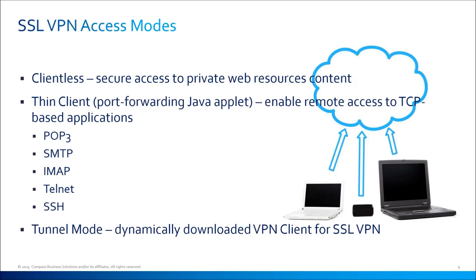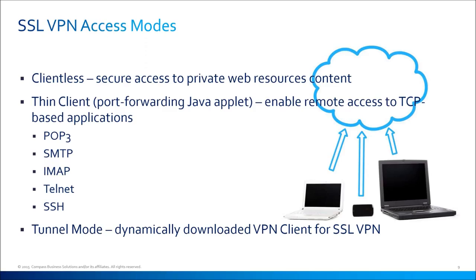We also have thin client, which is a port-forwarding Java applet. One example of this would be Cisco AnyConnect. Thin client mode extends the capabilities of the cryptographic functions of the web browser to enable remote access to TCP-based applications such as POP3, which is Post Office Protocol version 3, so email.